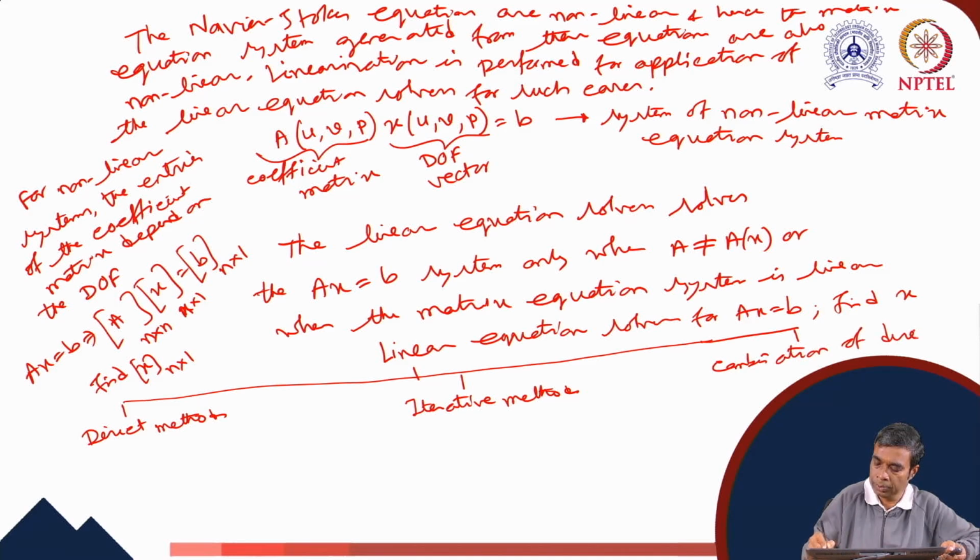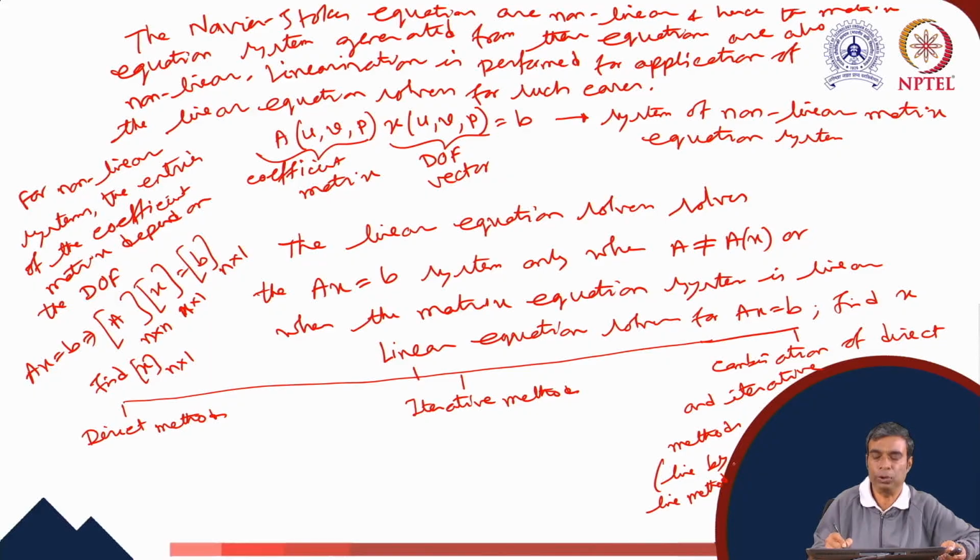A method known as the line by line method is a prominent example of this hybrid method, widely used in the finite difference and finite volume methods.